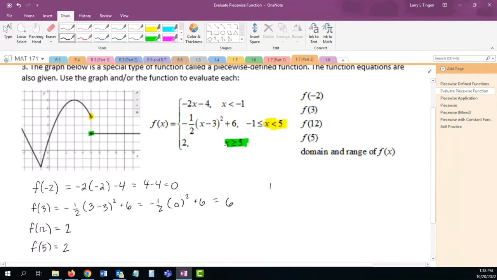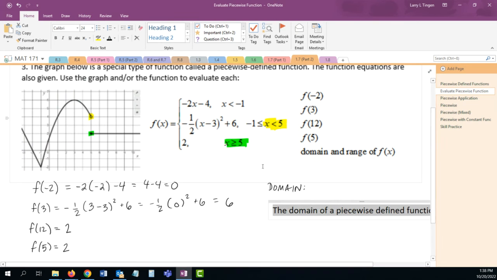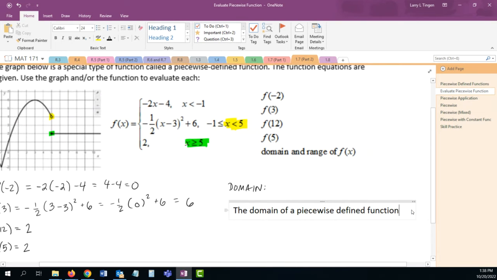All right. Now, here's the interesting part. What is the domain? So the domain of a piecewise defined function is the union of all the limiters in the problem.